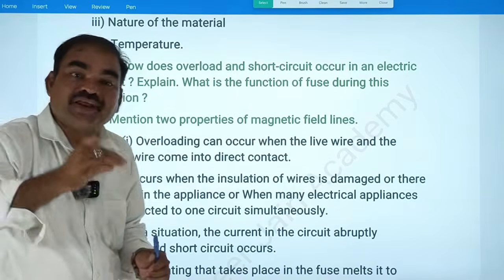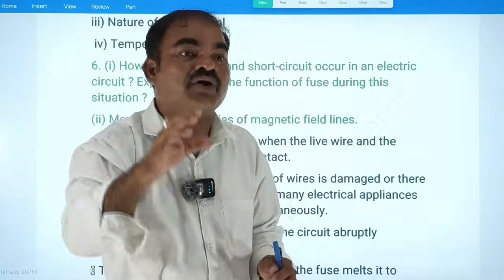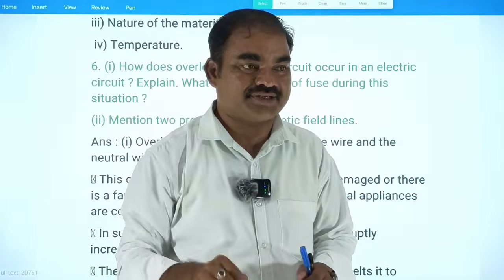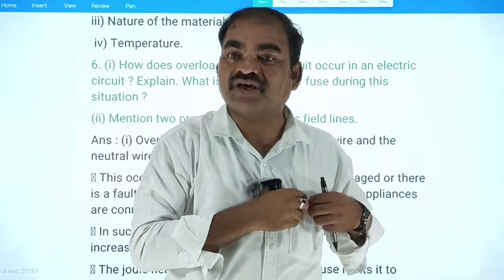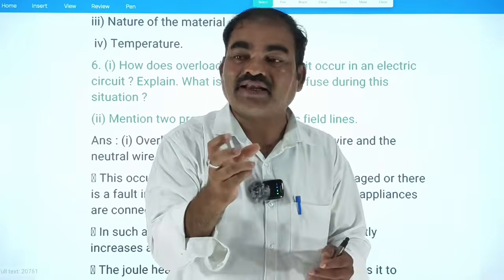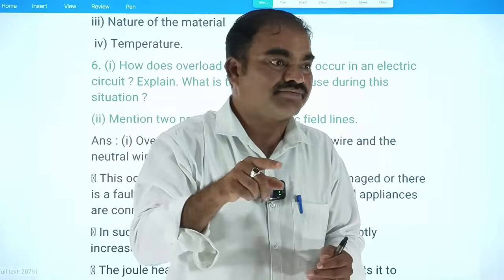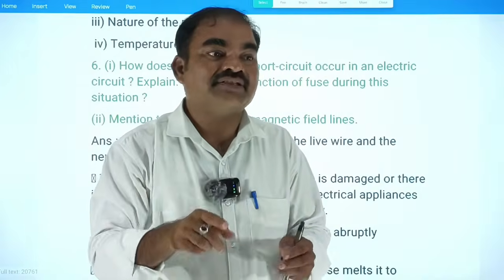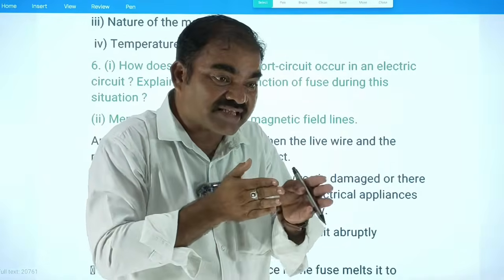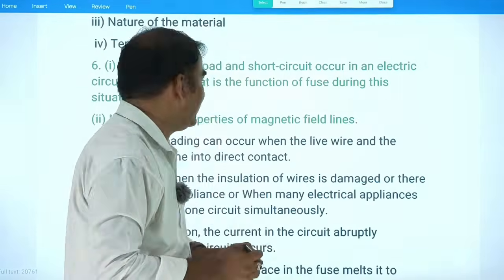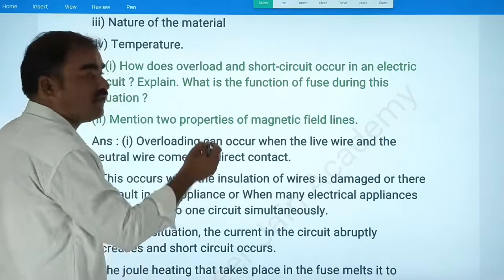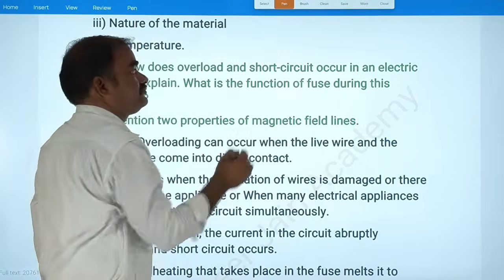As temperature goes on increasing, resistance also goes on increasing. Why? Due to more temperature, the atoms will vibrate. Due to that vibration, electrons will not flow easily. Hence resistance is going to increase. So this is the fourth factor.